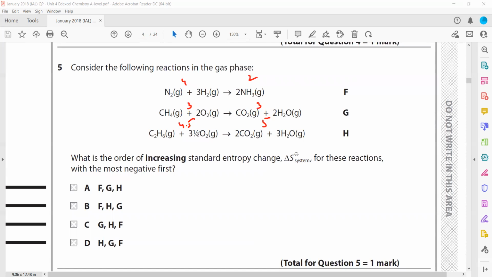So here the moles increase, so entropy increases; here entropy remains constant; and here entropy decreases. So starting with the most negative, the negative one means the entropy decreases. So that is F, followed by G and H. So F, G, H, A will be the right answer.